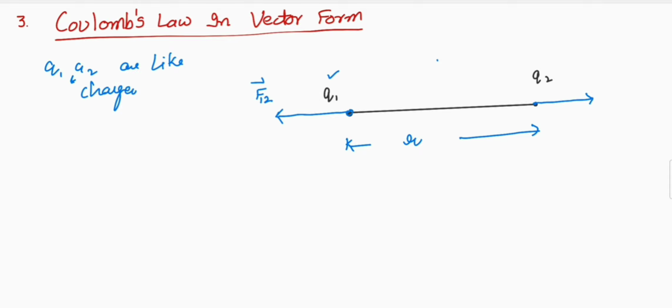So this force is equal to F21 vector. We can also write the unit vector related to this Q1 charge as R12 unit vector, and the unit vector related to the charge Q2 we can write as R21 unit vector.